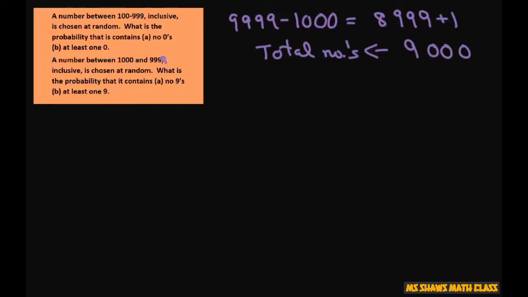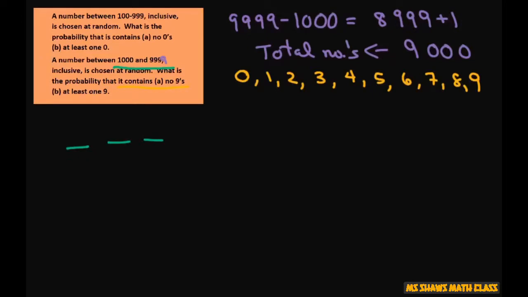All right. Now, what's the probability that it contains no 9? So just like we did before, we have 0, 1, 2, 3, 4, 5, 6, 7, 8, and 9 to choose from. We have 4 digits, so it's 1, 2, 3, 4. And it can't be 9, so really we only have 9 possible choices.